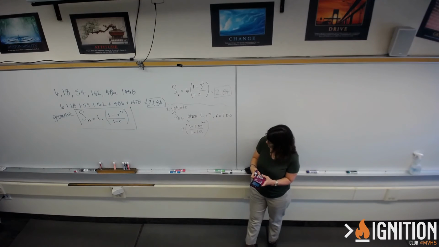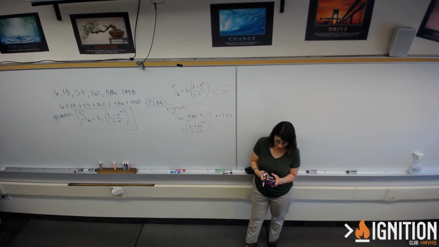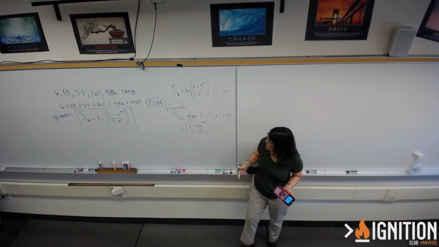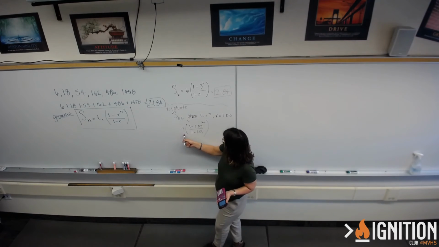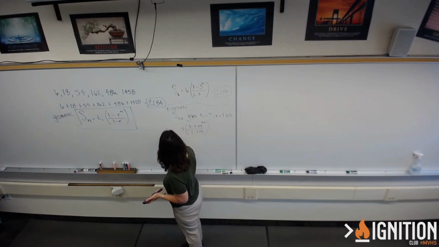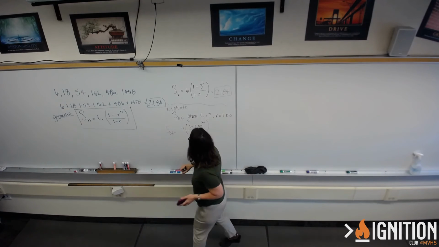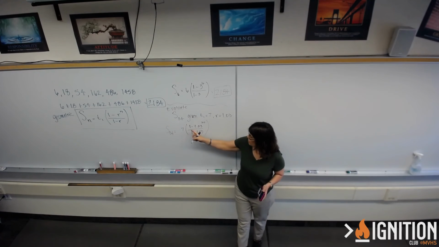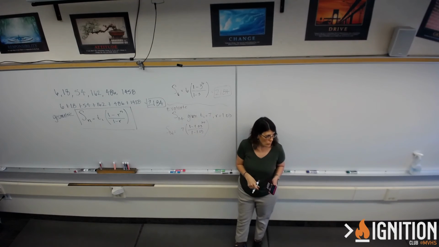Definitely. Wait, what did you get? I got 404.1, give or take. No, the first term. Oh, you mean that? So the first term is 7, 1 minus r, 1.03 to the n over 1.03.